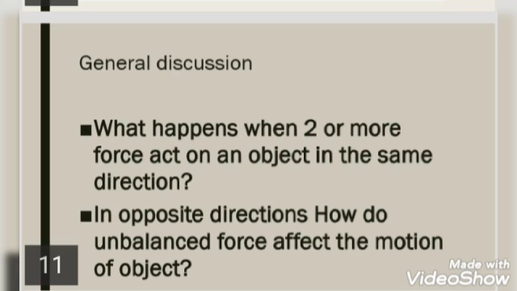General discussion. What happens when two or more forces act on an object in the same direction? In the opposite direction, how do unbalanced forces affect the motion of an object? These are example questions for the previous picture. What happens when two or more forces act on an object in the same direction?